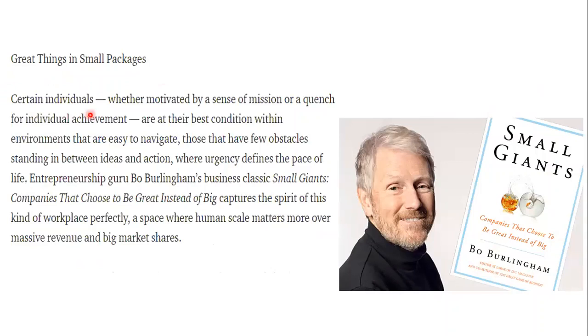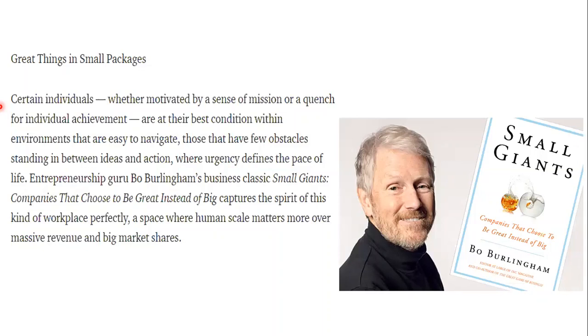And here it says certain individuals, whether motivated by a sense of mission or a quench for individual achievement, are at their best condition within environments that are easy to navigate, those that have few obstacles standing in between ideas and action, where urgency defines the pace of life.